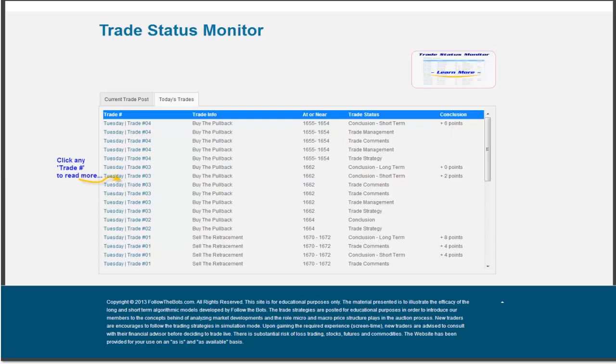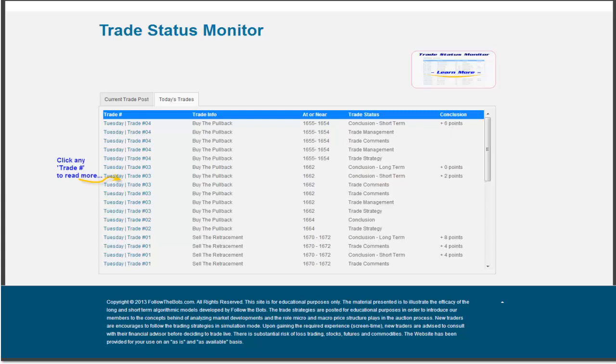the auction process. If you are a new trader, we encourage you to follow the trading strategies in simulation mode. Open up your simulated dome and execute the strategies in accordance with the posts.